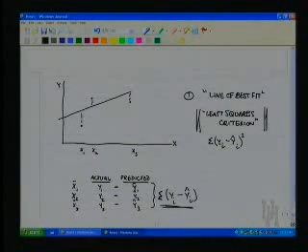That's all. The least squares criterion requires that you minimize the sum of the squared differences between the actual and the predicted value of y.